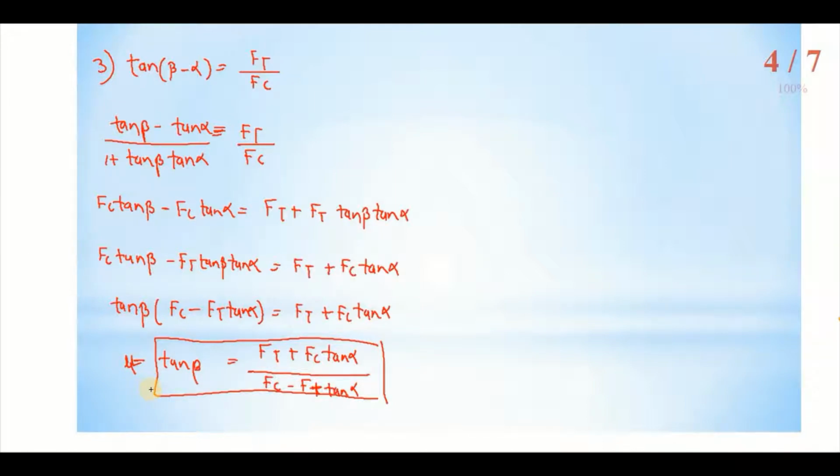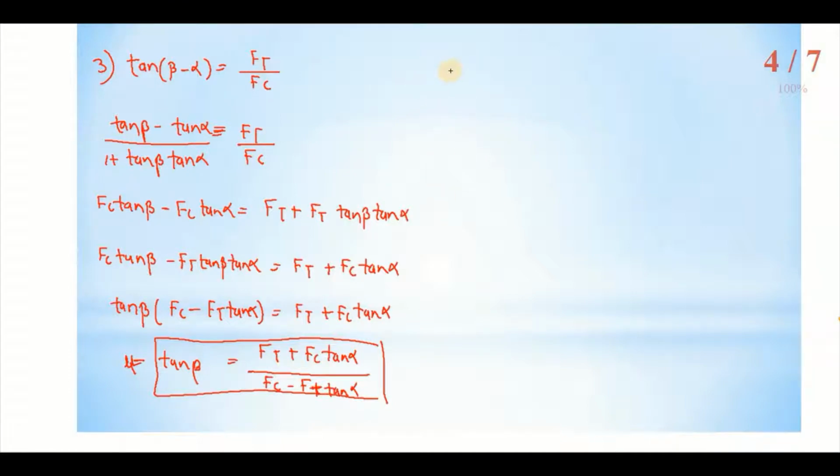So in a numerical, if the Ft and Fc values, the thrust force and cutting force values, are given, and also, based on the tool designation, if the back rake angle is given, then based on that we can find the coefficient of friction mu. That is for the coefficient of friction.